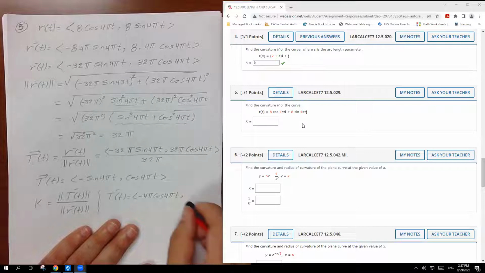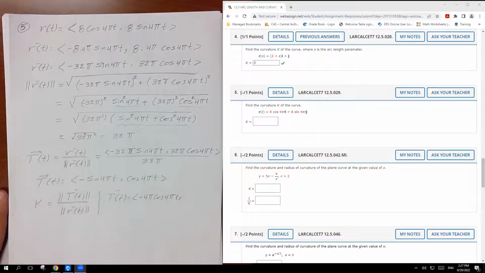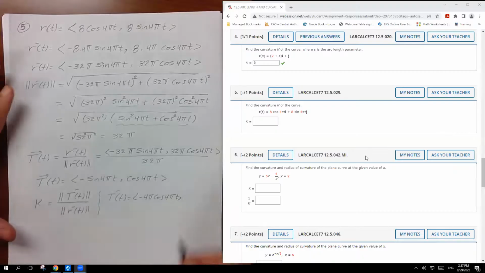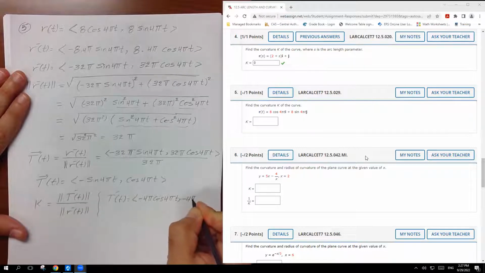It's going to be negative also, so negative 4 pi sine 4 pi t.